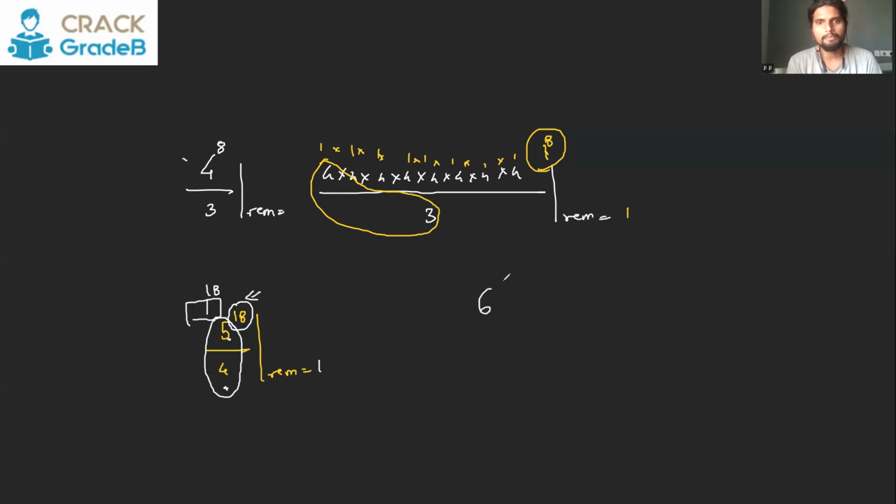If I say 6 raised to the power 83 upon 35, what is the remainder? So you can just write this 6 raised to the power 83 as 6 raised to the power 2 into 6 raised to the power 81 separately.